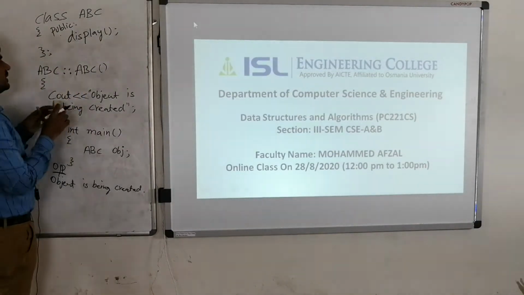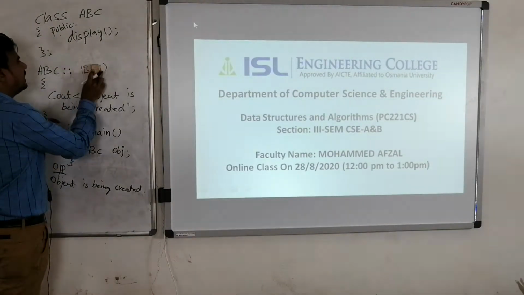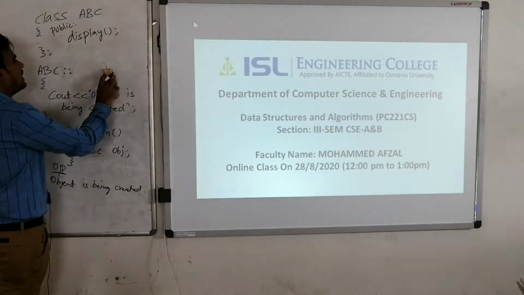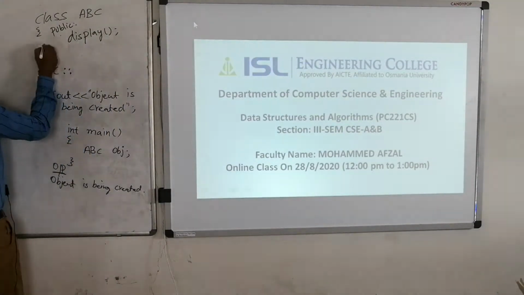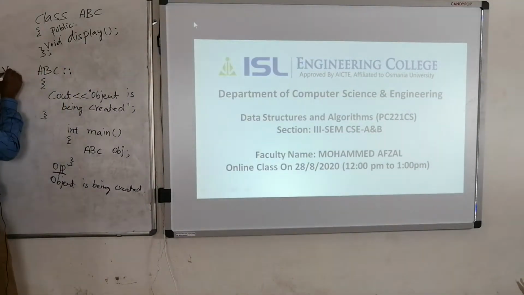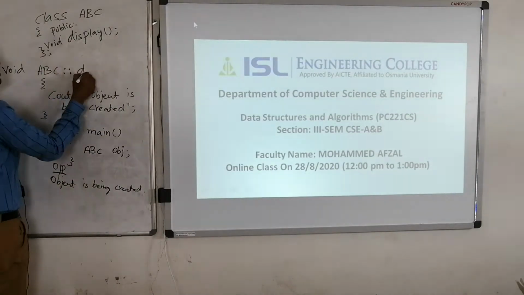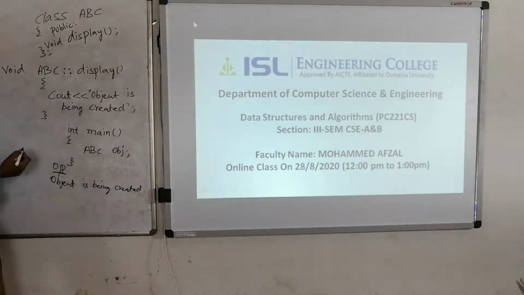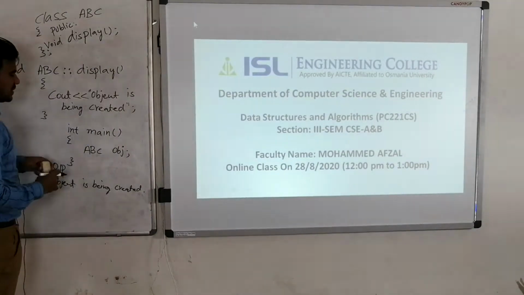Now, in order to write the definition of this one, again I have to qualify the function name with the class name. What is the return type over here? I am taking the return type as void. So you have to take the return type here also, void followed by display. Now, how are we going to call this function?